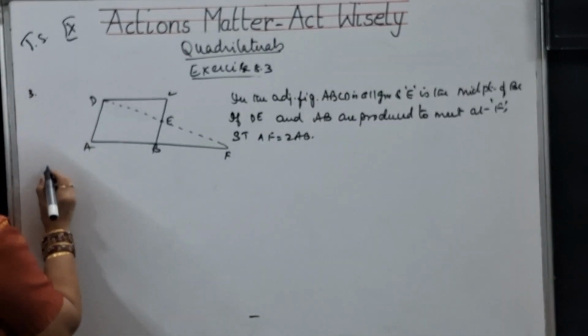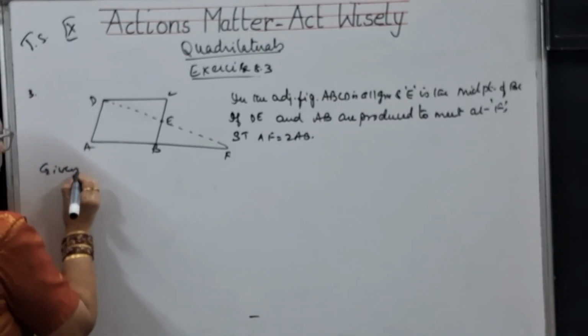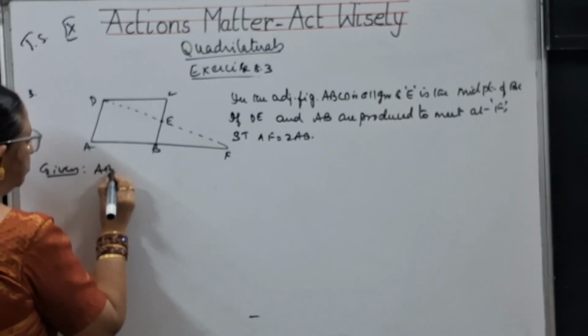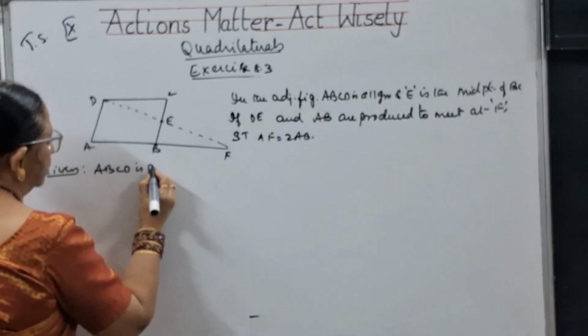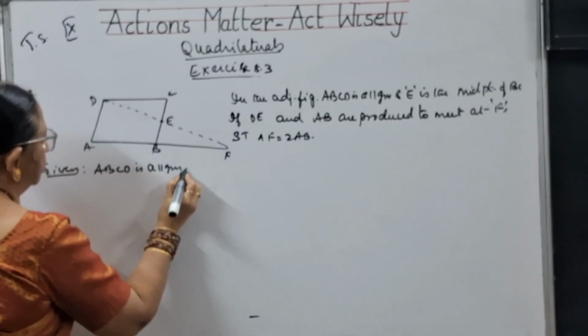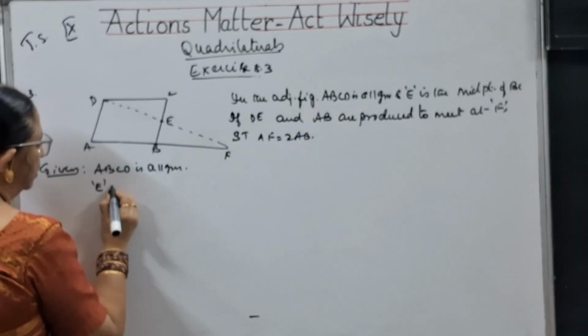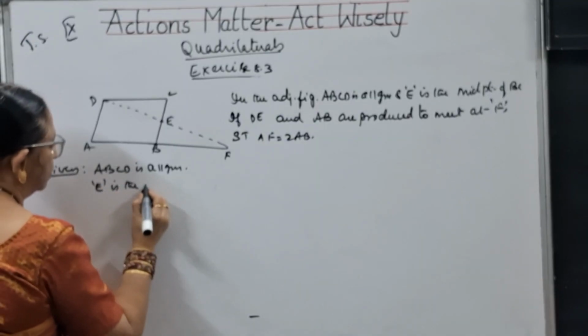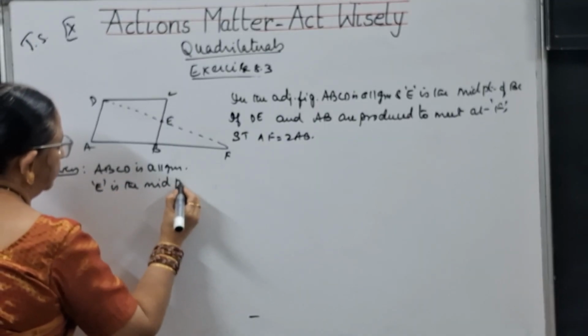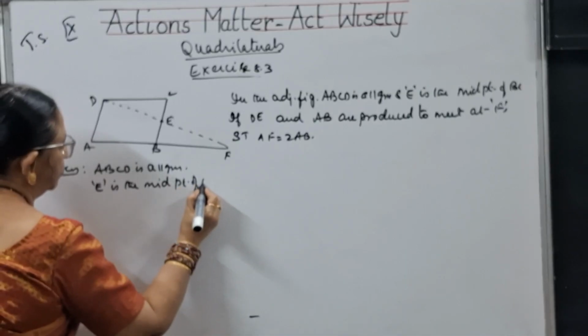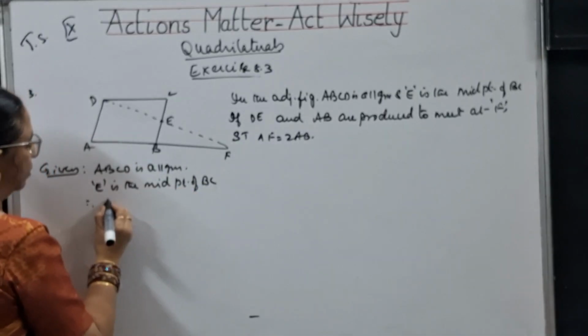So what is given here? You have got ABCD is a parallelogram, and E is the midpoint of BC. What do you understand with this?